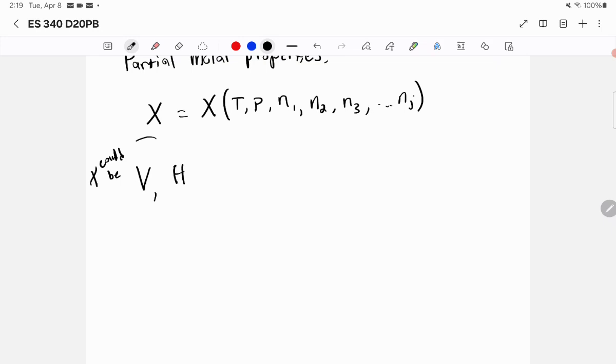These are not specific quantities. These are the capital values, the capital letters. So, the enthalpy, not the specific enthalpy. The volume, not the specific volume, and so on. U, S, right? All of these are examples of what the extensive variable could be, and we're just writing it this way so that it's in its full generality.